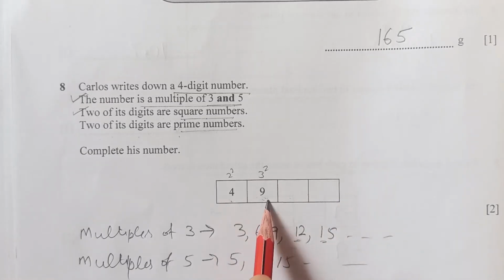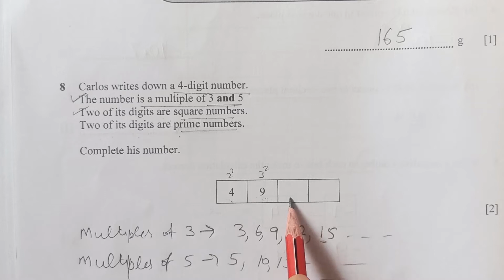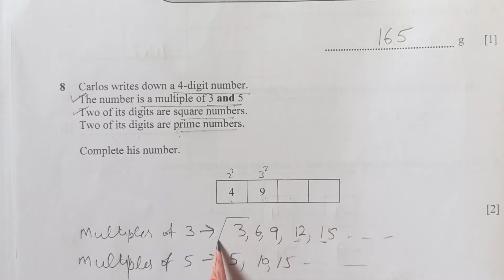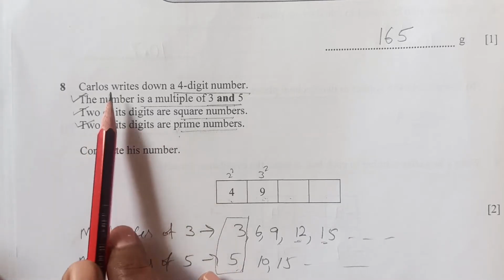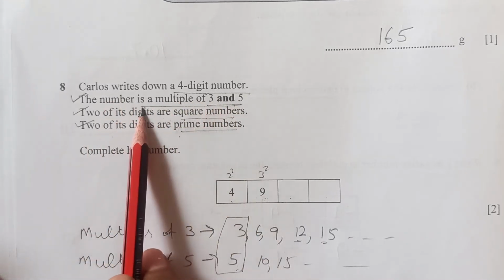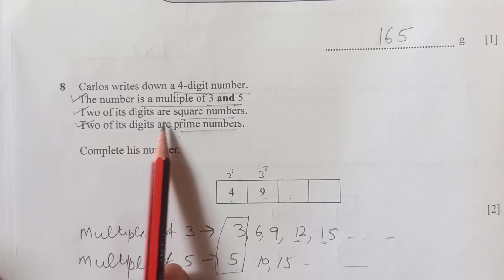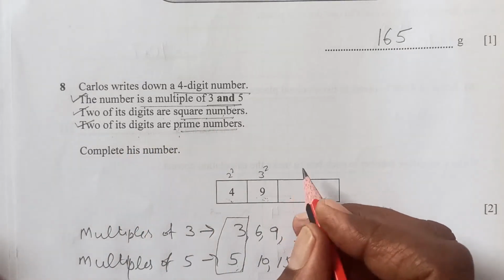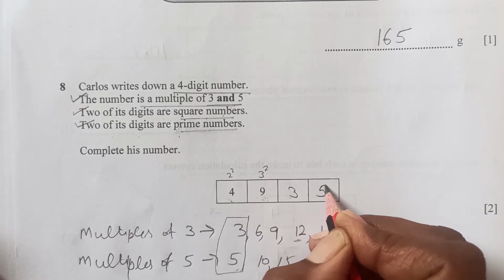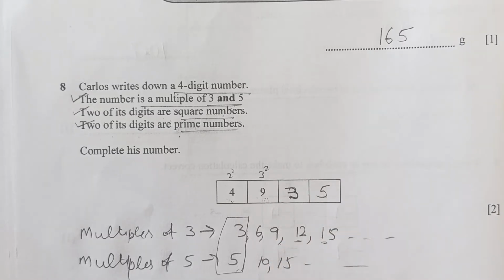So we have these two numbers prime here, which is 3 and 5. Now any other condition? You can write them anywhere. It may be 3, 5 or 5, 3.